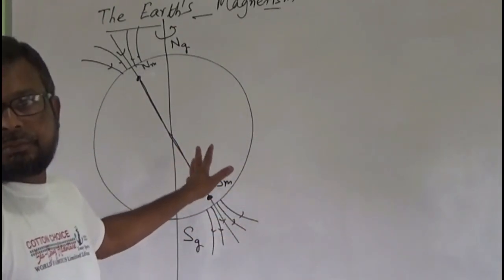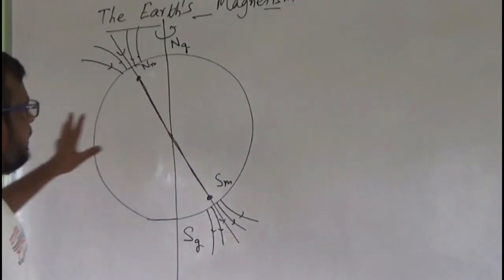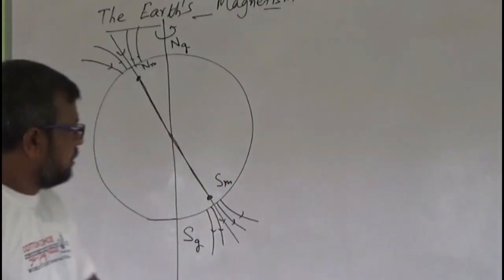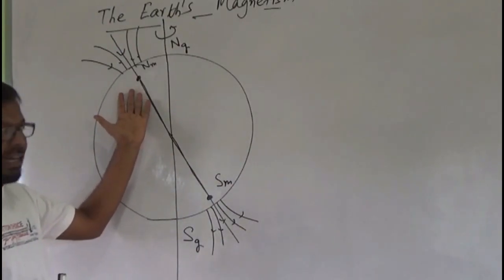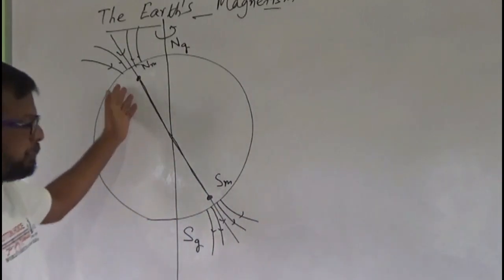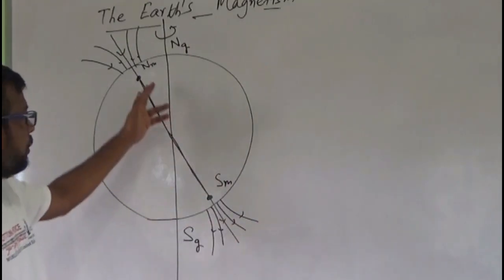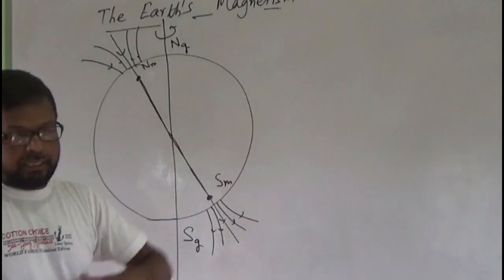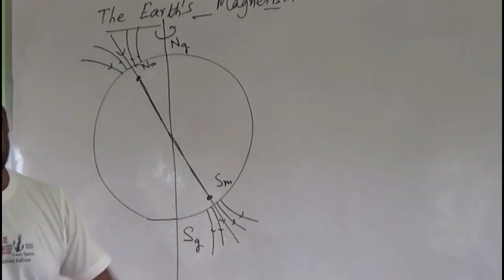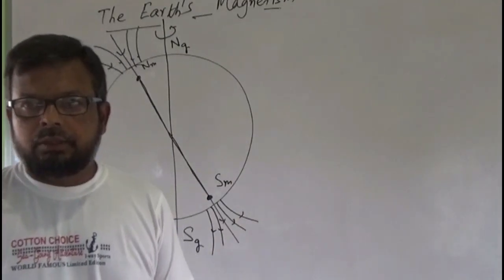Clear? And in another convention also, this is taken as the red pole and this is the blue pole. The magnetic north pole is termed as the red pole, the magnetic south pole is termed as the blue pole.